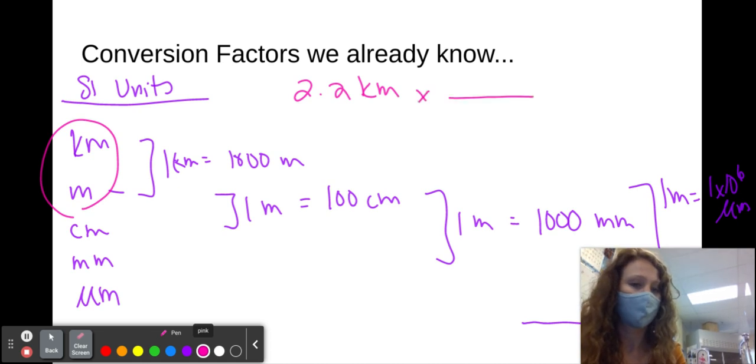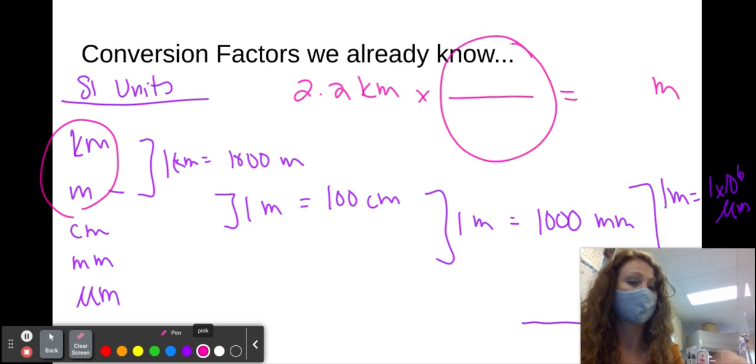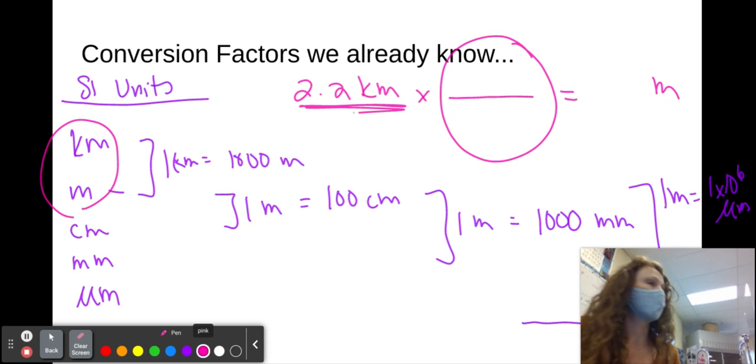I'm going to multiply by a conversion factor. And this distance changes. Here to Michigan is a different distance, right? But my conversion factor never changes. That relationship between meters and kilometers never changes.